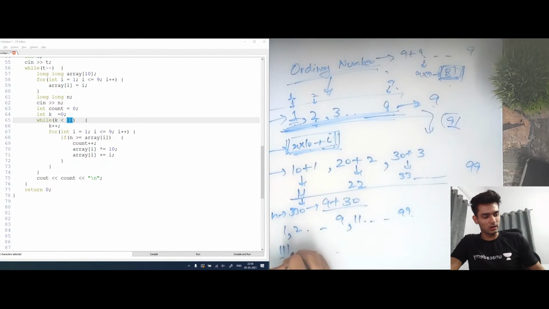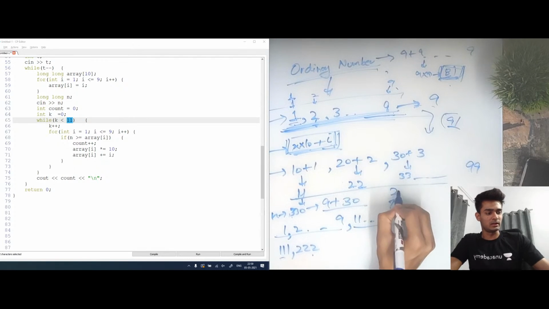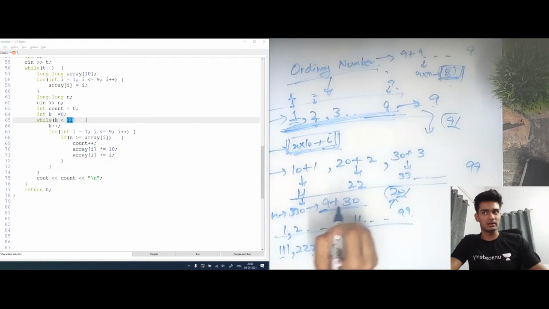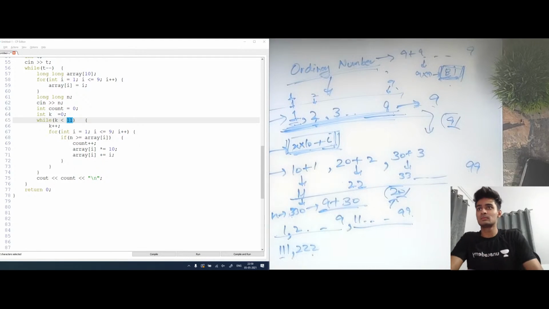Then we'll have triple 1, triple 2, and that's it. We cannot have 333 because that is greater than 330. Now if we count, this is 9 numbers, 18, 19, and 20. So basically the answer should be 20. But from your formula we are getting 9 plus 30. So Lakhan, I hope you know why your solution is wrong.